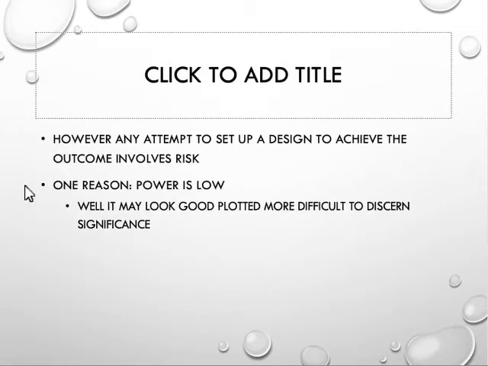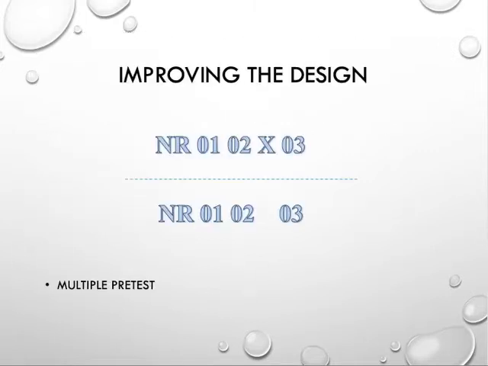However, any attempt to set up a design to achieve the outcome involves risk. One reason, power is low. While it may look good plotted, it is more difficult to discern significance. So one way to improve that is to have 2 pretests. So we have not randomized, or randomized in either case. So not randomized, this would be a quasi-experiment.